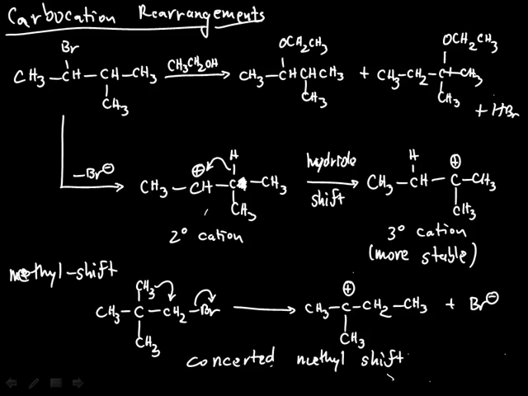In cases where our starting cation is semi-stable, such as secondary, we actually have two steps. First is the formation of the secondary cation, then the rearrangement to form a tertiary one. In cases where the starting cation is relatively unstable, such as the primary one, these two steps are often concerted, so they occur simultaneously with each other to immediately give the tertiary product at the end.